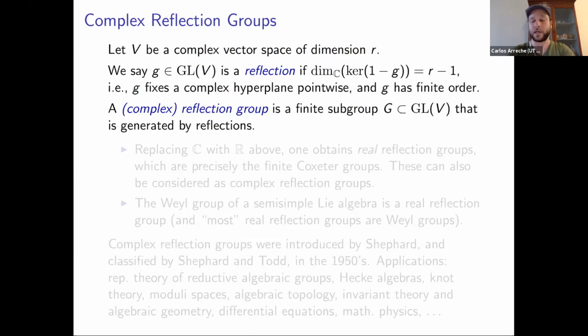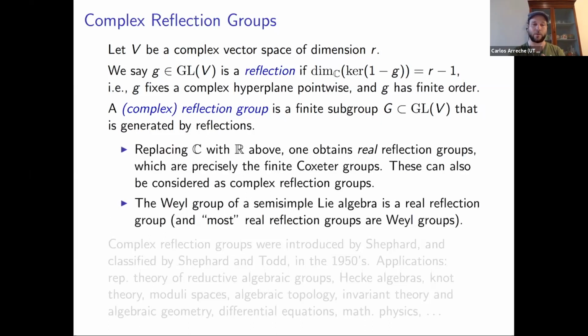So these groups have a fascinating history and also show up all over the place. So let me point to a few of those connections. If I replace C with just the analogous definition for real vector spaces, you then get what are now called, to disambiguate, real reflection groups.